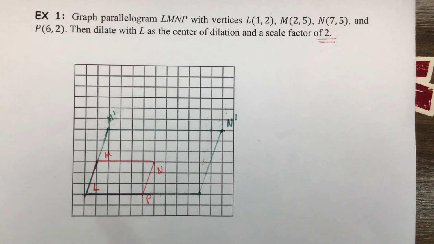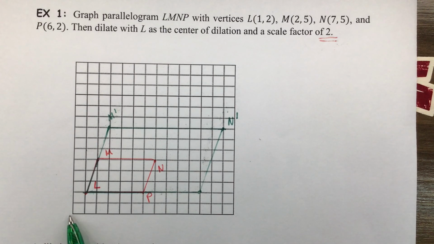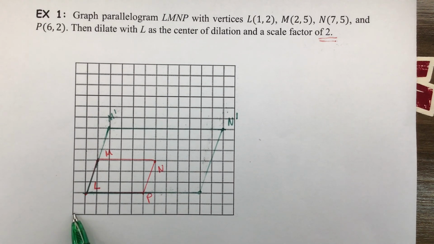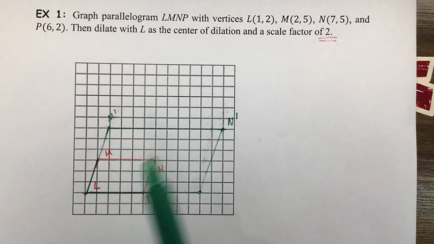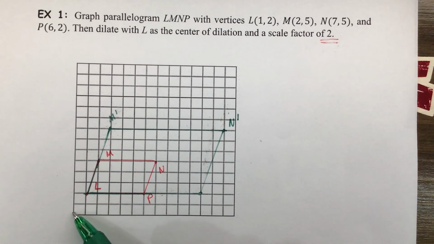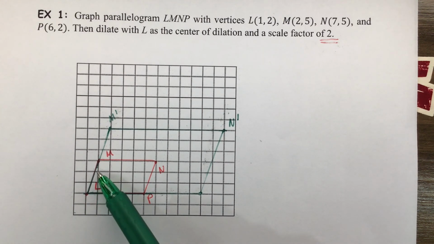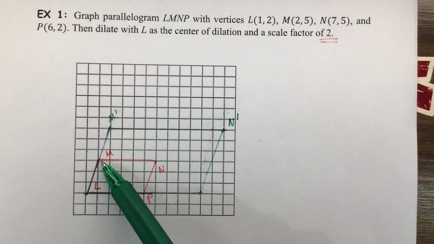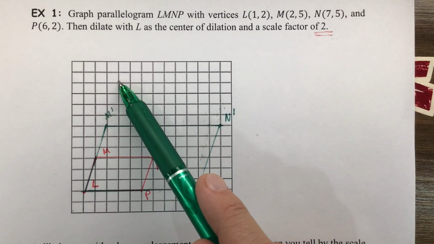Now, if you had a different center, like say we use this point over here, which would be our origin, and still had a scale factor of 2, what we would do is look at L as being 1 by 2 away, and then you would have to double that, and L prime would be here. Then M would be 2 by 5, so you'd have to do 2 by 5 to get there.